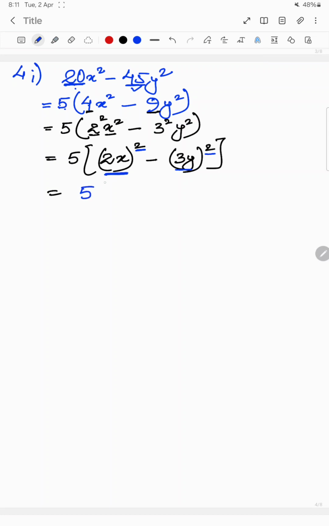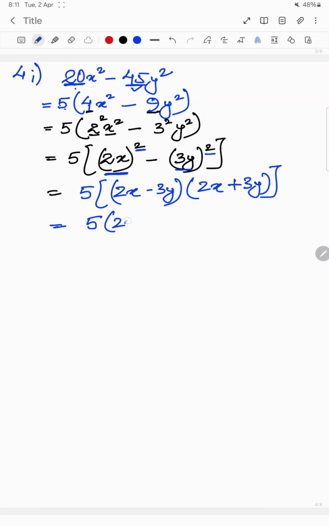So now 5 within bracket a minus b into a plus b, bracket close. So now remove the bracket, you get 5, 2x minus 3y into 2x plus 3y. This is your solution for question number 4.1.